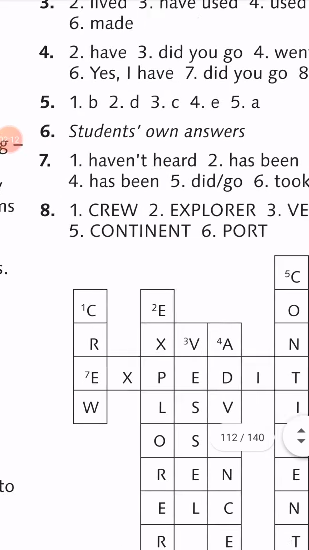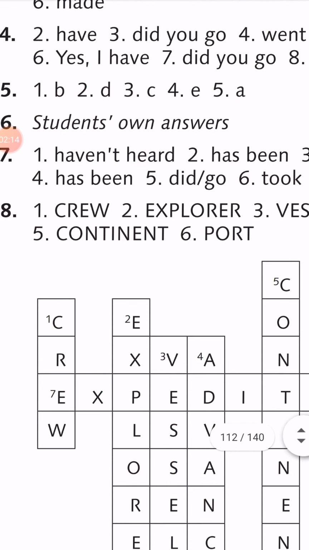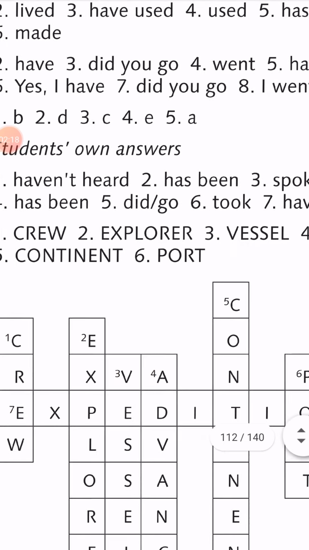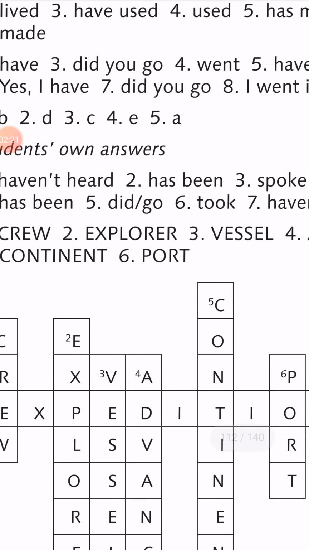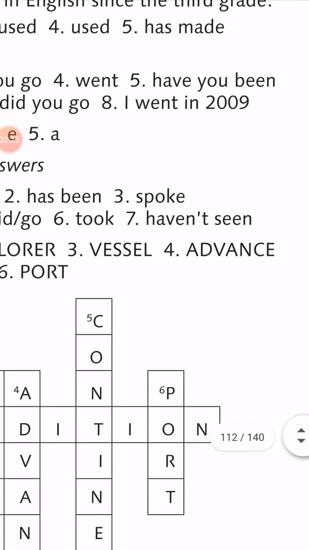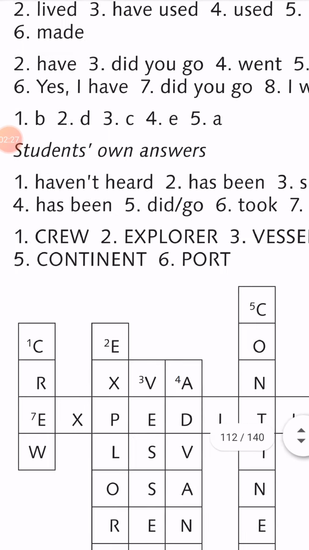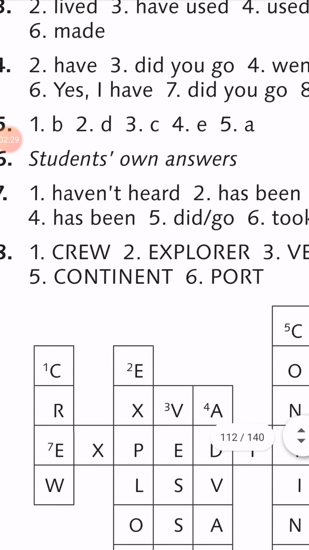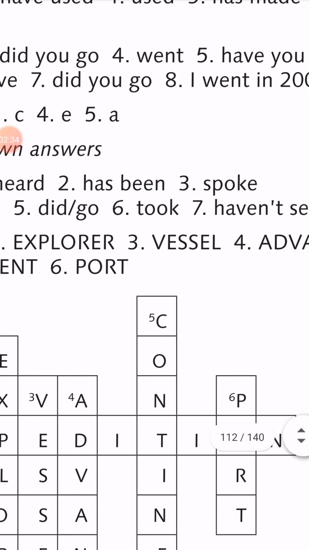Okay? So number 4 here, the answer for number 2 is have. Number 3, did you go? Number 4, went. All of number 3 and 4 are in simple past. Number 5, have you been here, in present perfect. Number 6, yes I have. It's an affirmative sentence here for present perfect. Number 7, did you go here? An interrogative form for simple past.